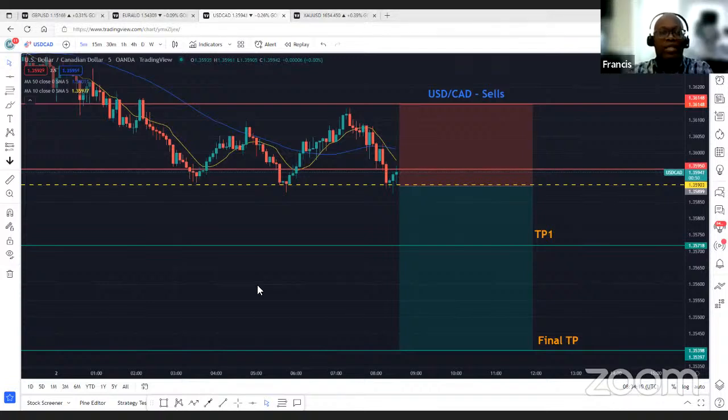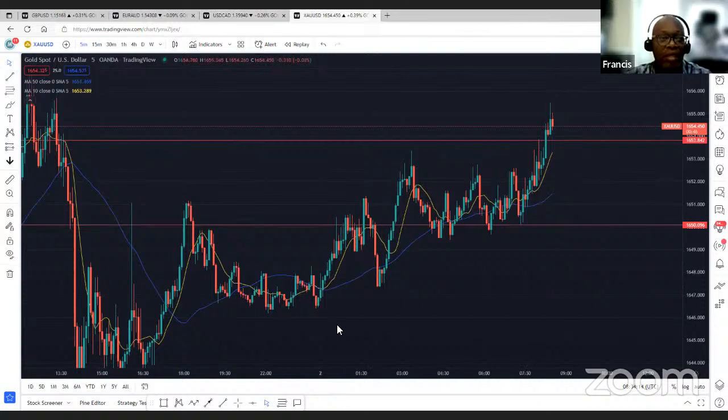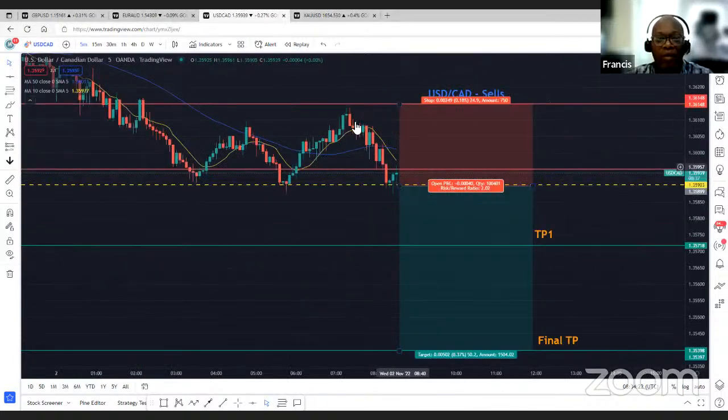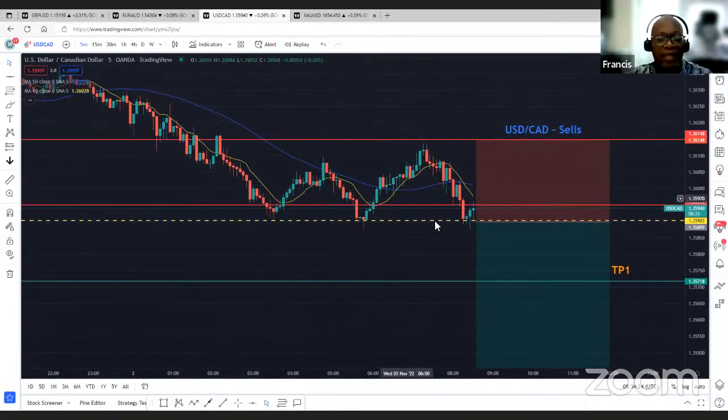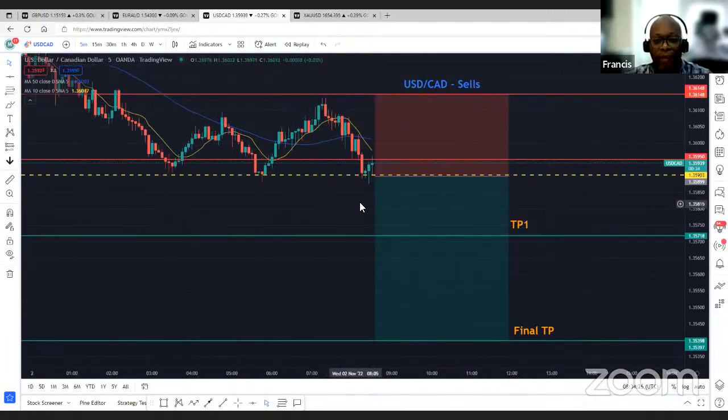Okay, so you can see gold is pushing up. It's been in an upward push, while the CAD has been going down.